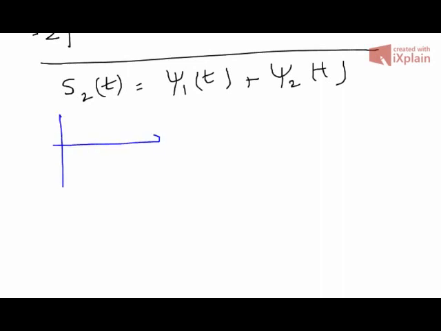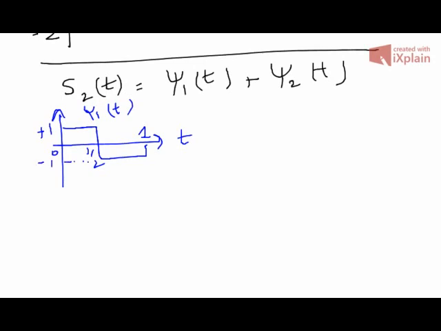Our psi 1 looks like this, from 0 to half up to 1. This is plus 1, and this is minus 1.